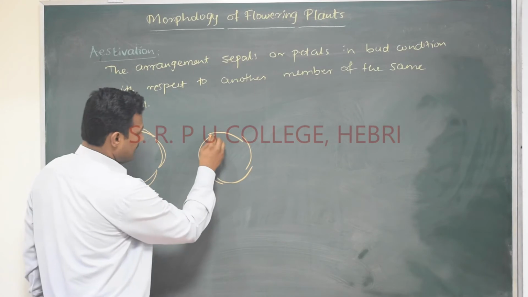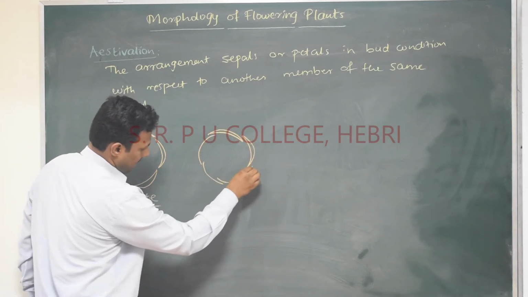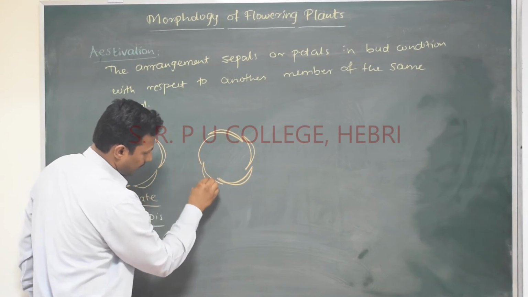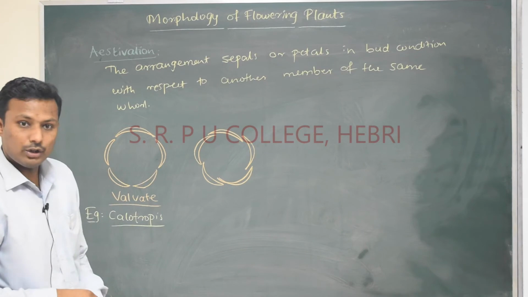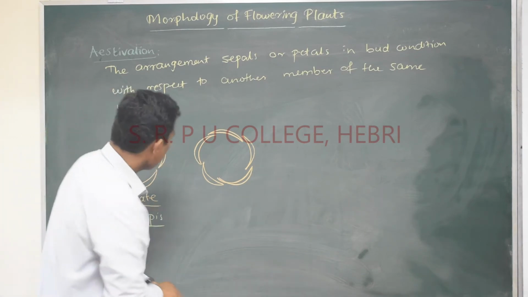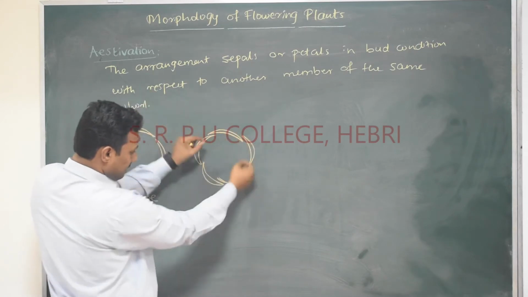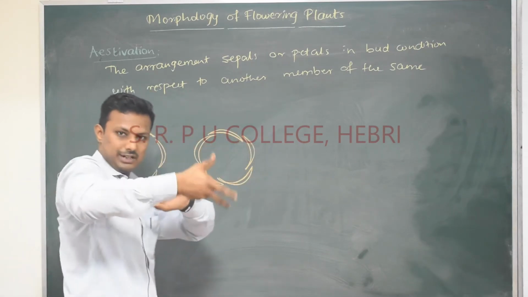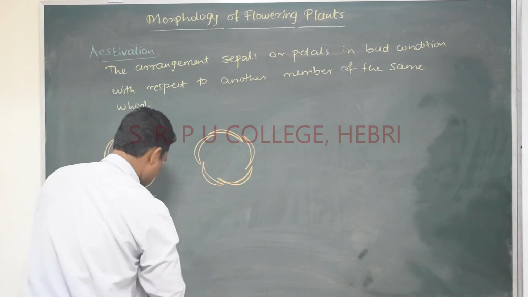See, it gives us a twisted appearance of the flower or of the petals or sepals. Is it not giving a twisted appearance? If you just elongate and drag it, you will see a twisted appearance. Okay, they are all twisted, so this is what is called twisted aestivation.